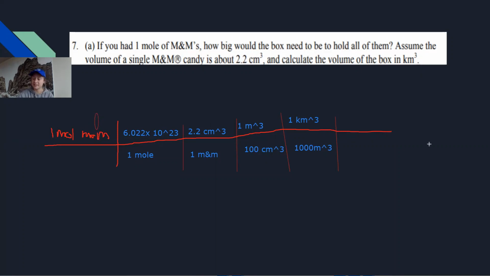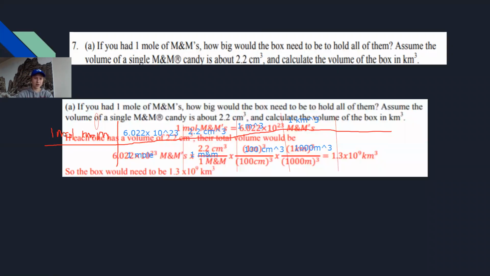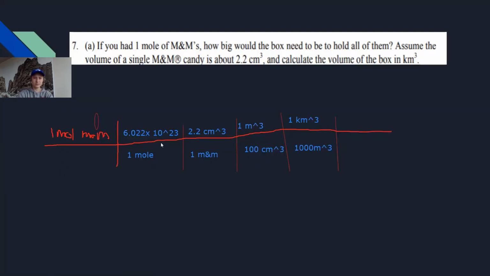Okay, I'm struggling technically. But once you do all that, the moles of your M&Ms right here cancel out, and your mole right here cancels out. This mole right here cancels with this mole, and we've got this number of M&Ms.